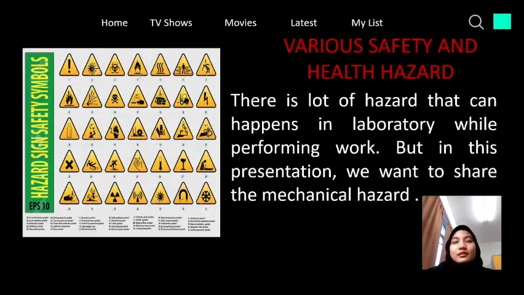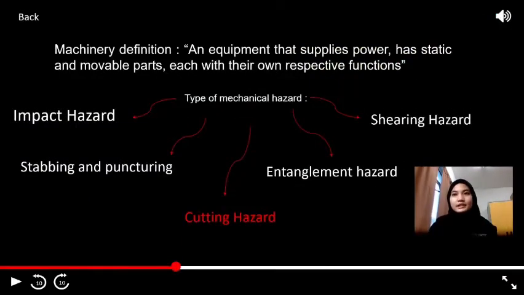There are a lot of types of hazard that can happen in laboratory, but in this slide we are going to focus on mechanical hazard. In mechanical hazard, we have shearing hazard, entanglement hazard, cutting hazard, stabbing and punching hazard, and lastly impact hazard. But in this video, we are going to focus on cutting hazard.